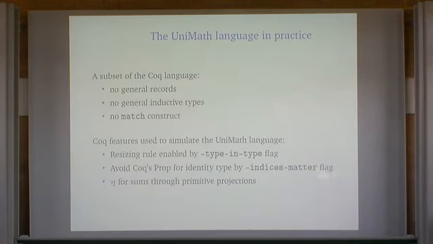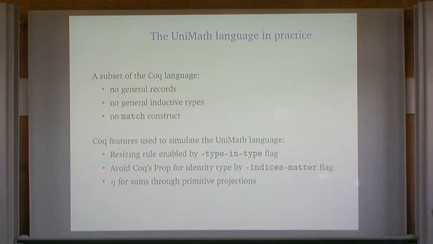So this is a theory, but in practice, we don't have a proof system that implements exactly that language. So what we are doing is we use the Coq theorem prover and adapt it to our needs. What this means in practice is that we restrict ourselves to a subset of the Coq language. In particular, we don't use record types, no general record types, I should say, no inductive types, and no match construct.